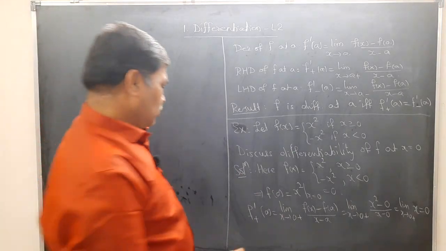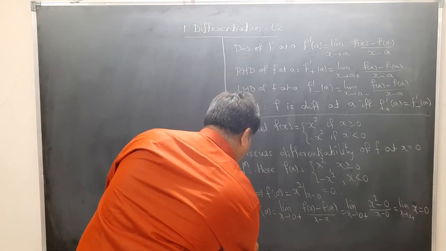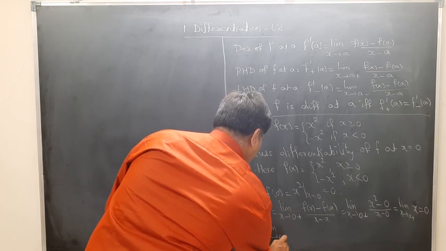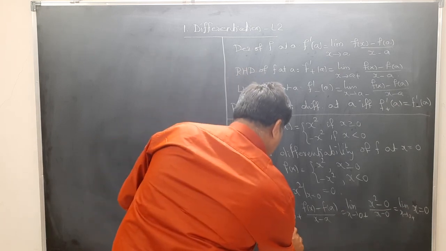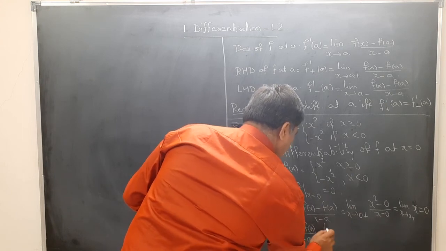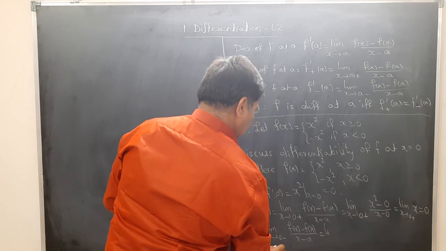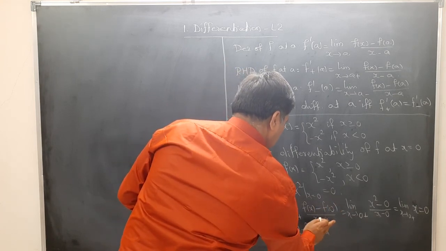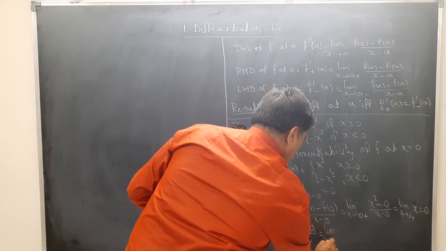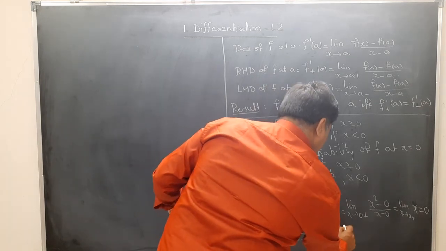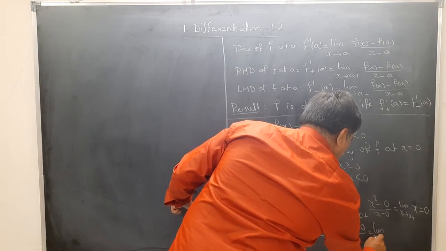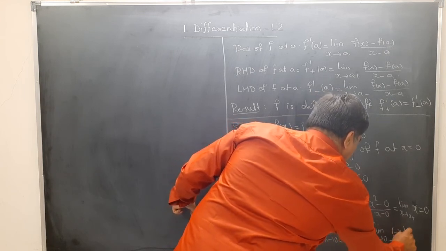Since x not equal to 0, f dash of minus 0 is equal to limit x tends to 0 minus of f(x) minus f(a) divided by x minus a, which is equal to limit x tends to 0 minus, f(x) is minus x square, minus 0 upon x, which is equal to limit x tends to 0 minus of minus x, which is 0.